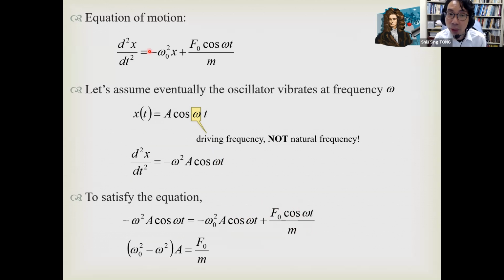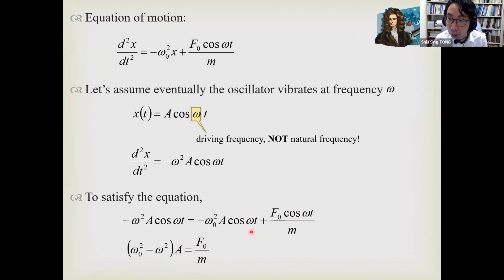It means that this solution can satisfy the equation for all time t, provided that the coefficients are related in this way, right? The coefficient a is related to the other parameters in this way. Okay, so now we can solve for a. This is simple.